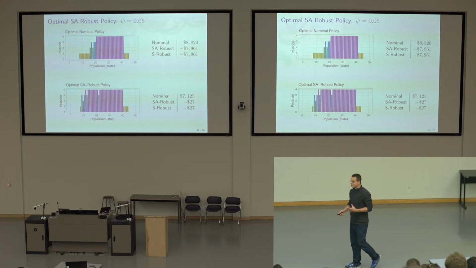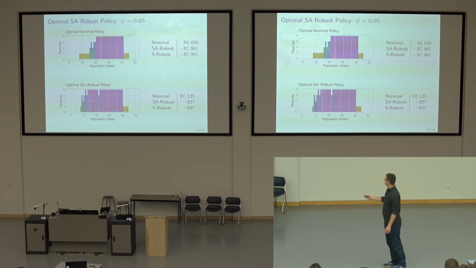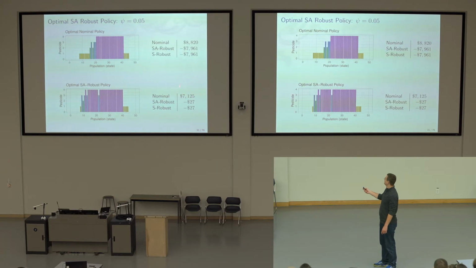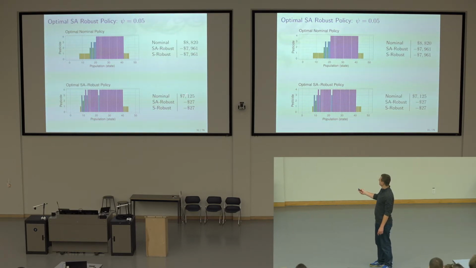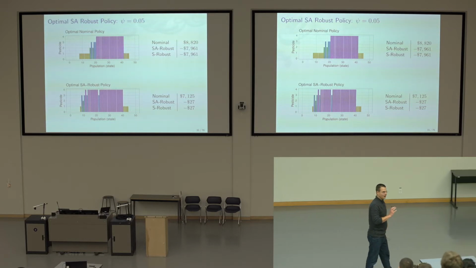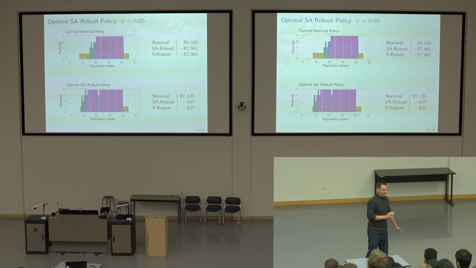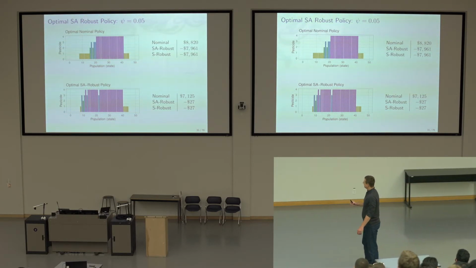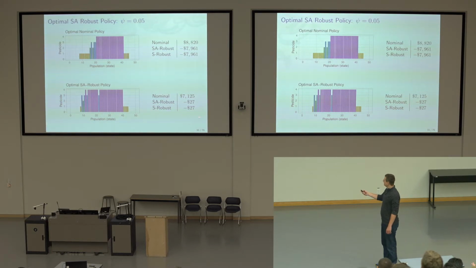If you solve a robust MDP, things are quite a bit better. You go from 8,000 to 7,000 if your model is correct, but you're only losing $27, which is still a loss, but it's not too bad. Still, the SA-robust and S-robust are going to give you about the same solution.